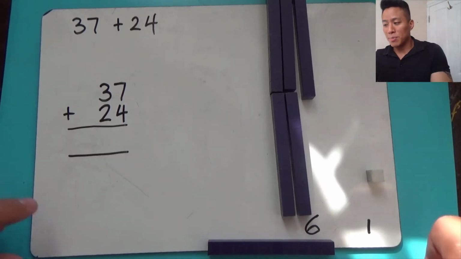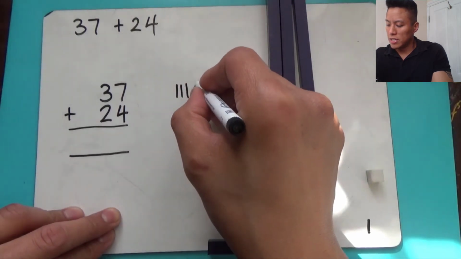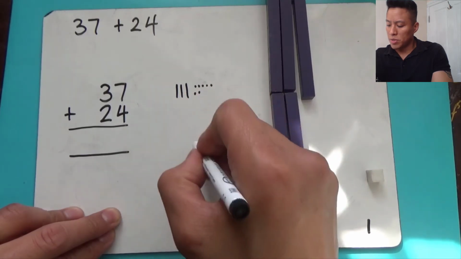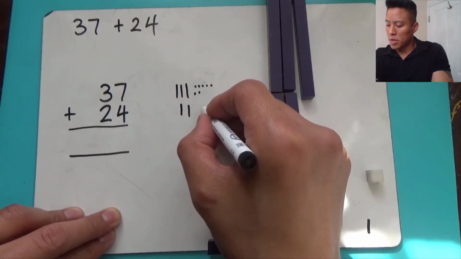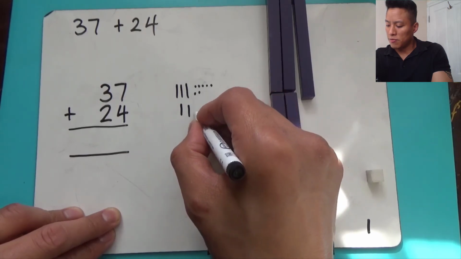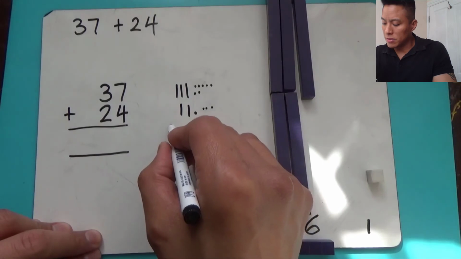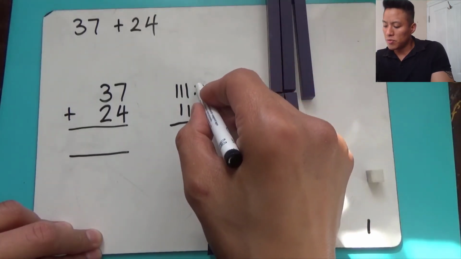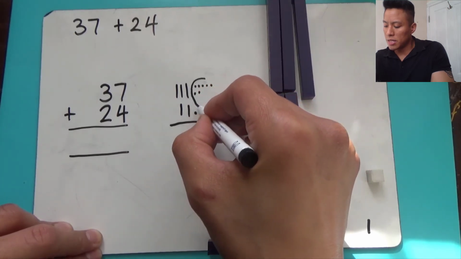So we did that before. Here's my 37: 3 tens, 7 ones. And my 24: 2 tens, and 1, 2, 3, and 4 ones. When we add it together, you've got 1, 2, 3, 4, 5, 6, 7, 8, 9, 10.